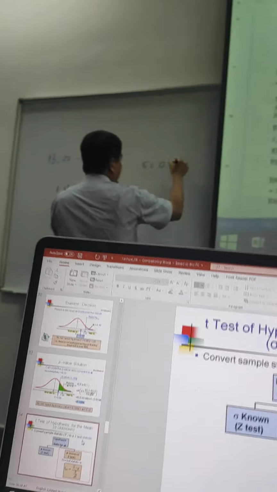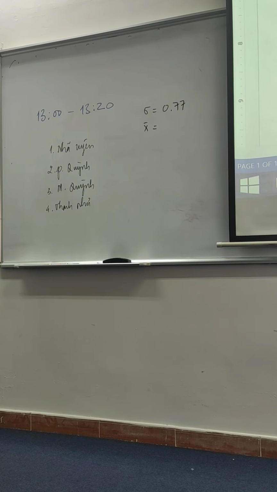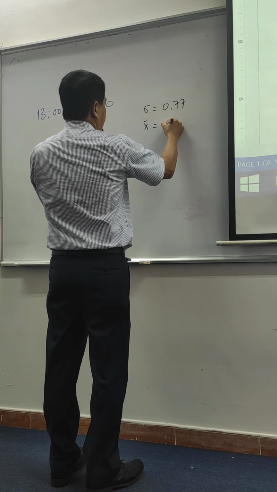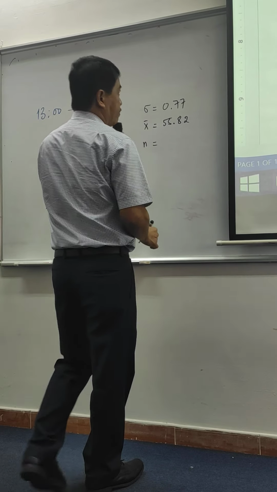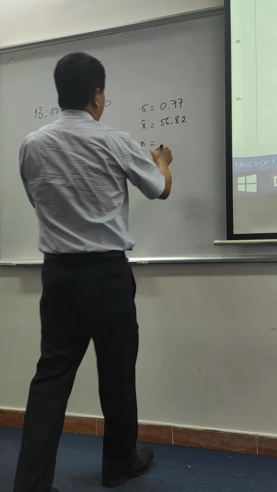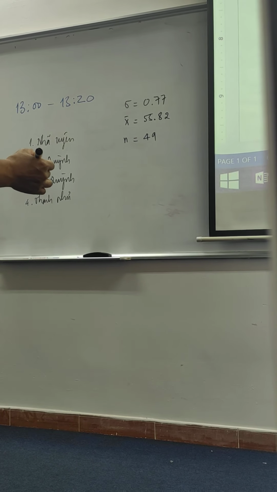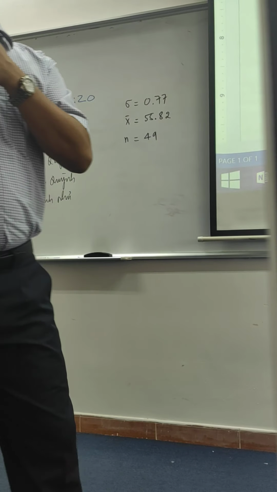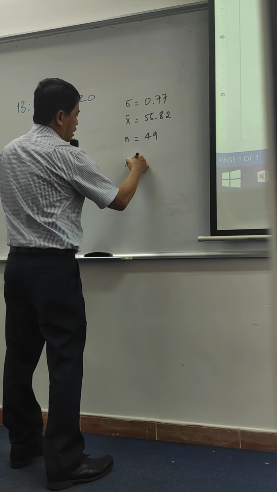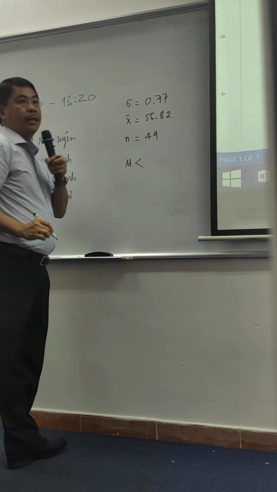So sigma is 0.77. What is the sample mean in this case? 55.82. What is the sample size? 49. The question is whether the mean is smaller than it's supposed to be.